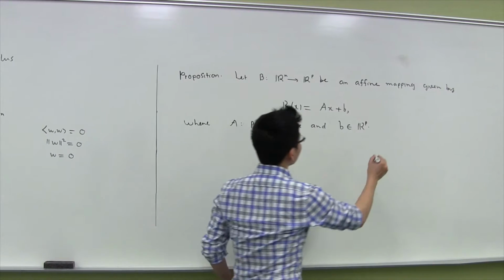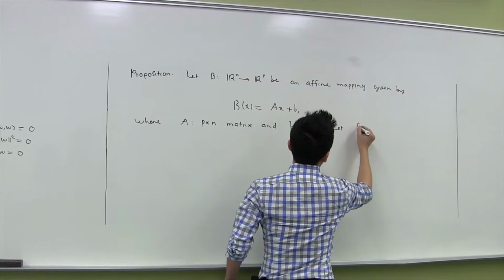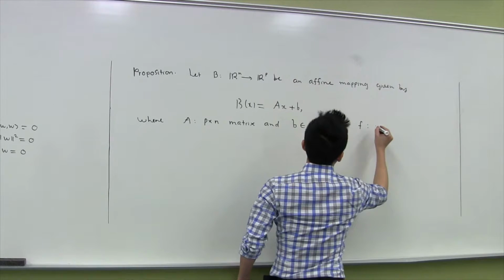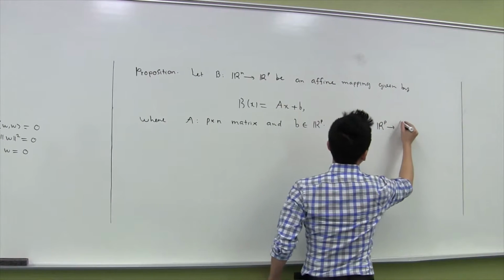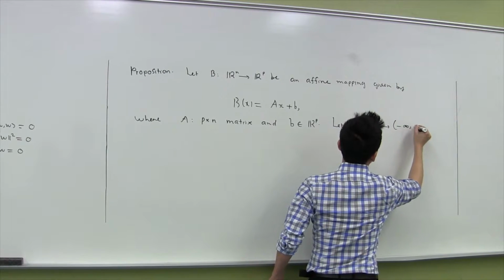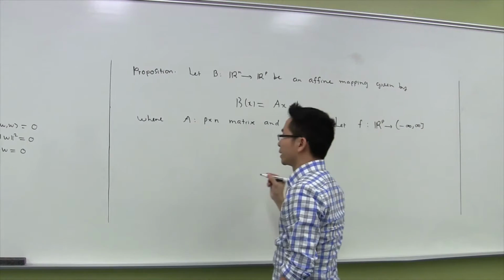Now let f from Rp to the extended real line be a convex function.